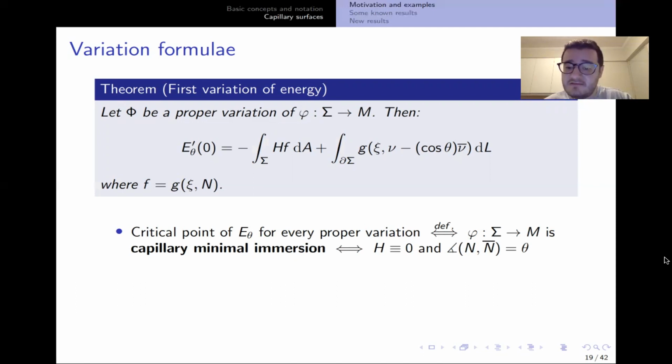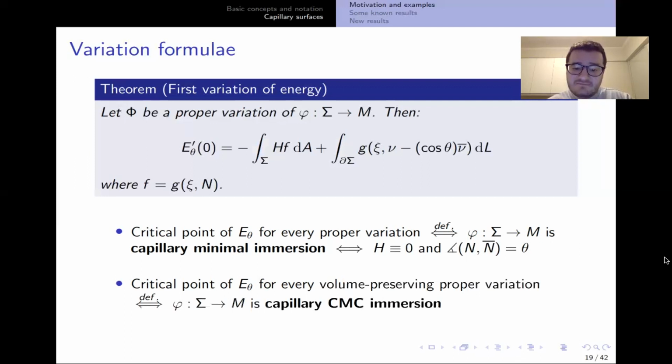And also the angle between n and n bar is equal to theta, which means that the surface intersects the boundary of the ambient manifold at a constant angle equal to theta. So a critical point is called a capillary minimal immersion with contact angle equal to theta. Theta is always referred to and is part of the definition of a capillary minimal immersion.